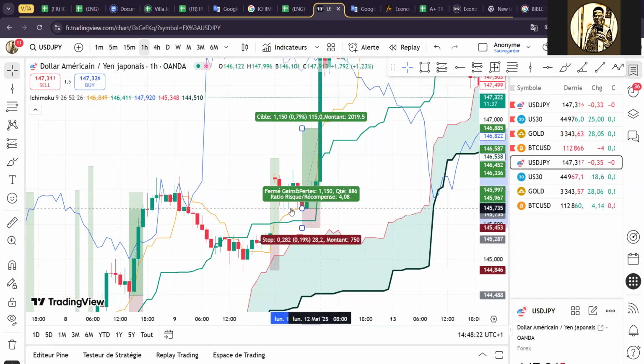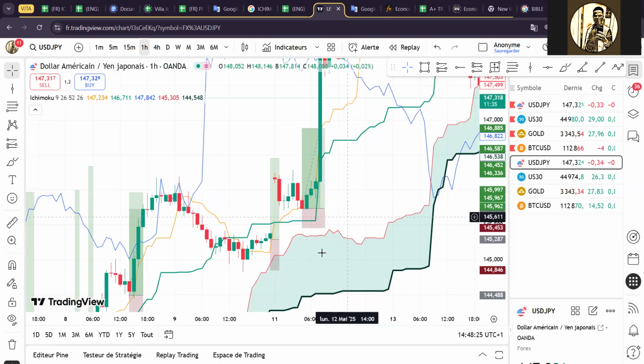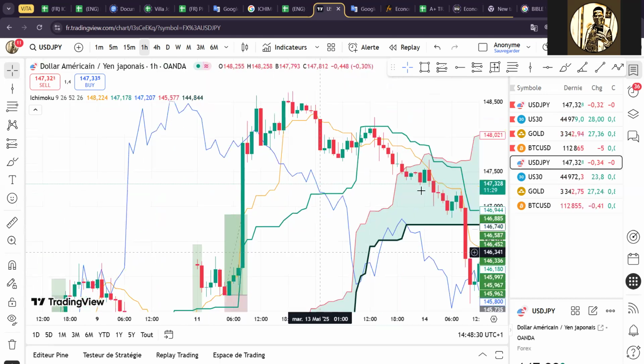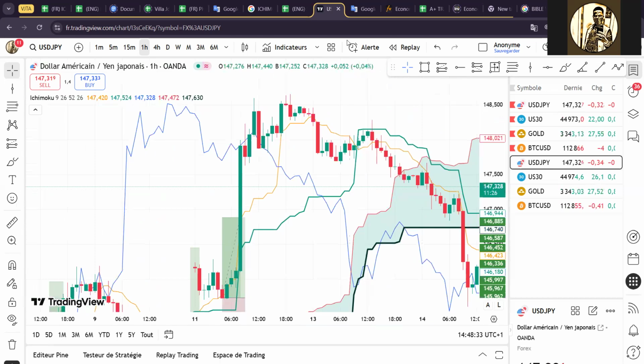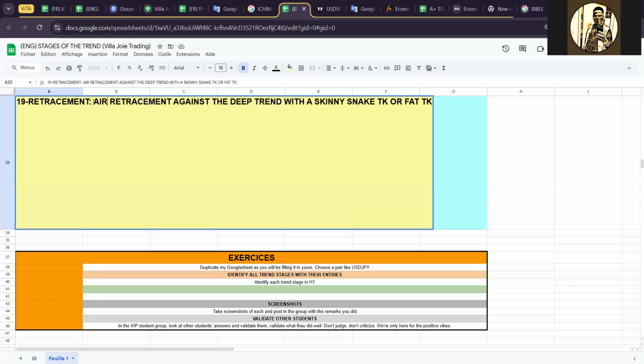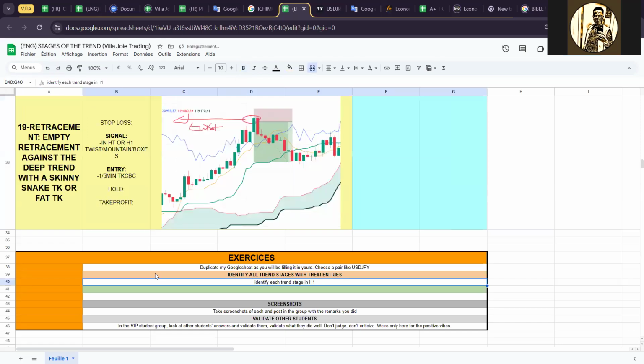Normally the gap must always be filled, but let's just put the stop loss below this TK cross here. And then the last phase is the retracement in air. The retracement in the empty space. I will call it, rather than air retracement, empty retracement, against the deep trend.